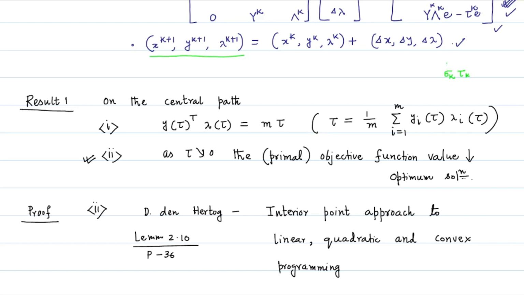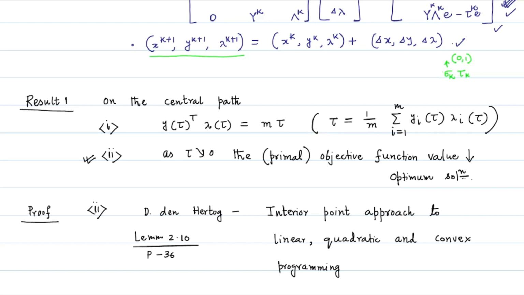So for a quick degradation of this value sigma k tau k, what do we do? We choose just one value of sigma k, lying in between 0 and 1, and at each and every iteration you keep multiplying this sigma k with tau k, and that gives a degraded value of tau k, and accordingly you go for finding this sequence of iterative points for different values of sigma k times tau k.